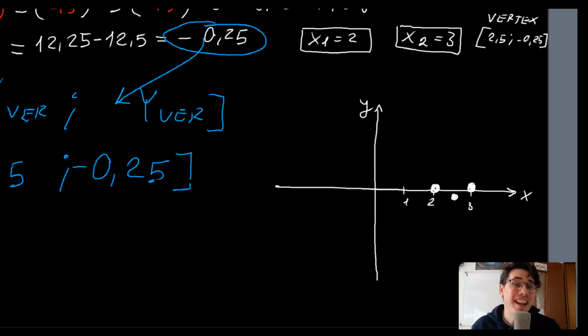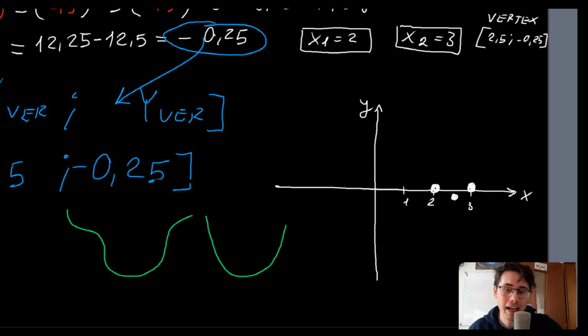And now, how to draw it is just to connect the dots using a smooth parabolic line. Don't think too much about it: it simply has to be continuous and it has to be a curved shape. So we cannot do something like this. It has to be continuous, kind of like a hill.